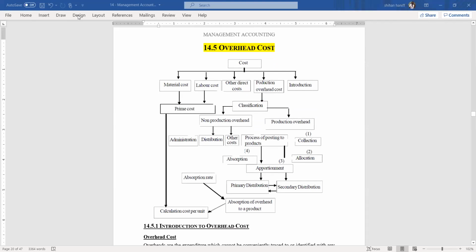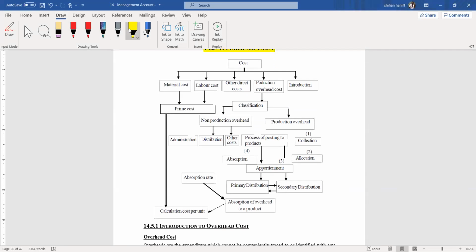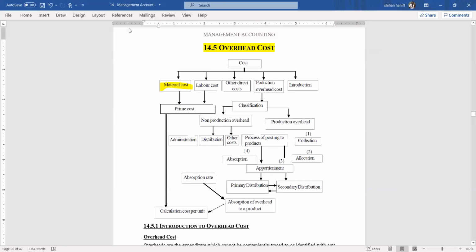Right. So when it comes to the cost, material cost we discussed, labor cost also we discussed, and we have the overhead cost. So the overhead cost is classified.